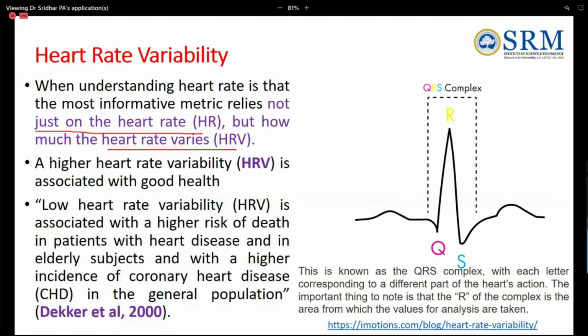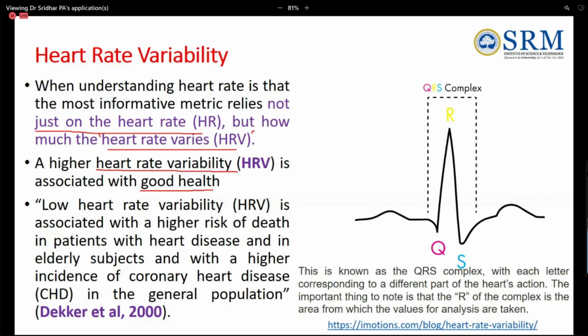Now you can see that in the last 10 or 15 years, every other paper, report or device, even an app on your smart device, calculates heart rate variability, because it culminated from research done a few years ago, where higher heart rate variability is associated with good health.